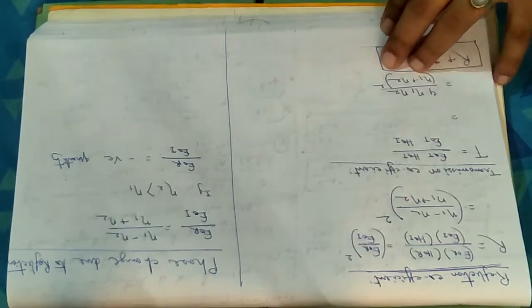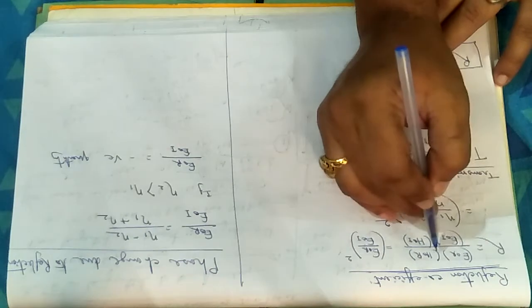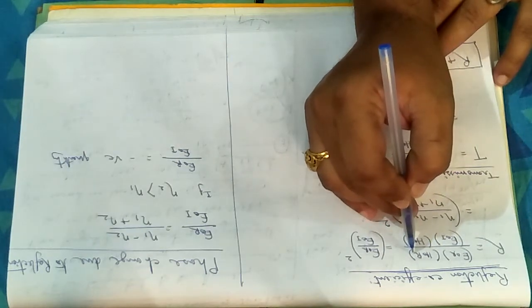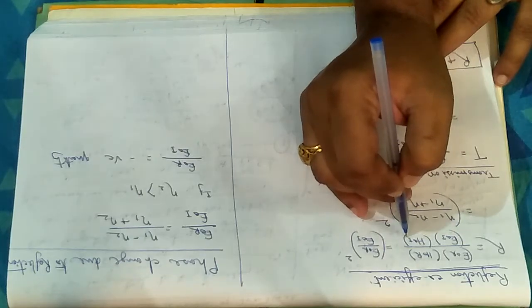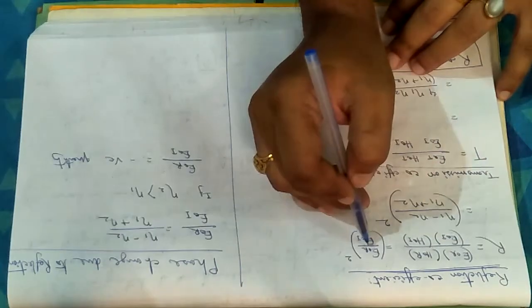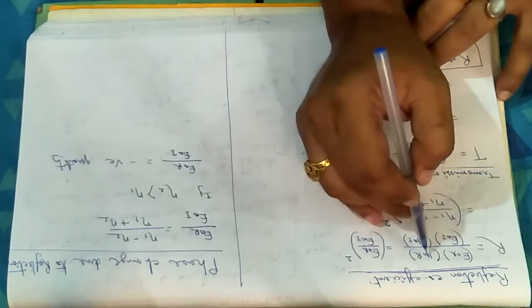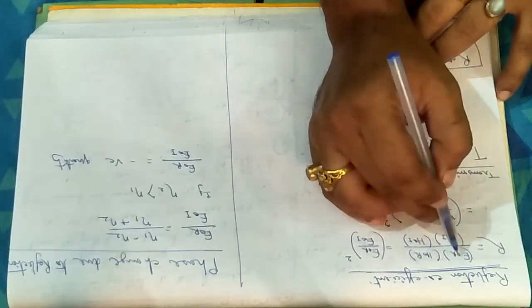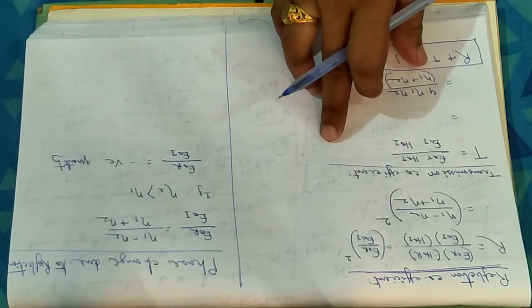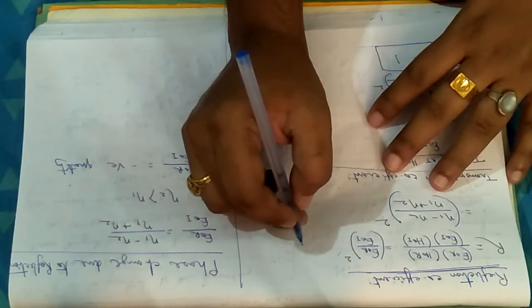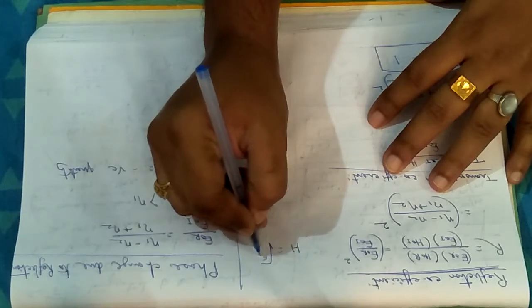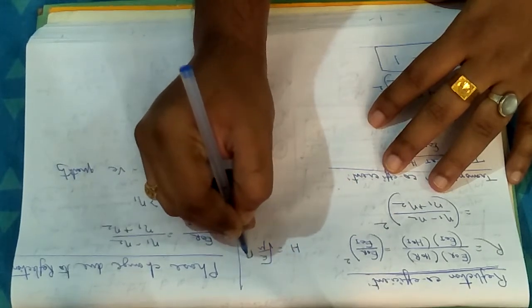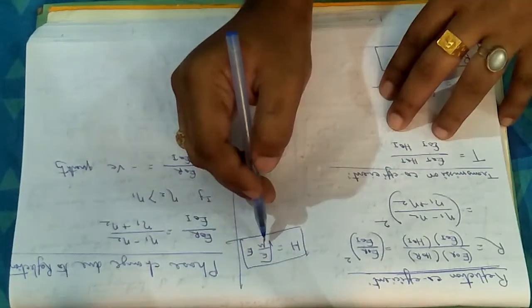So what is the energy of the reflected wave? E0R into H0R. What is the energy of the incident wave? E0I into H0I. So from this you can write this equation for simplicity. How have I converted H in terms of E? H equals root over of epsilon by mu into E. Like this I have transferred.